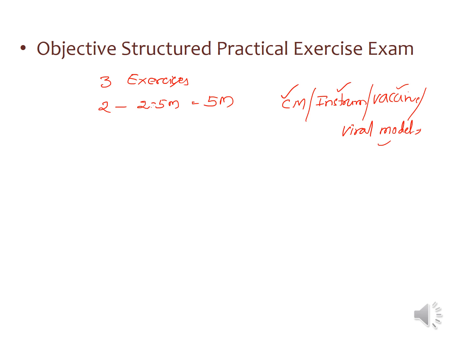The same thing will be given, but the difference here is that one, two or sometimes three questions will be given. Say for example, if we keep the blood agar medium, we will give three questions related to that. You have to answer only those questions, not all the information you know.